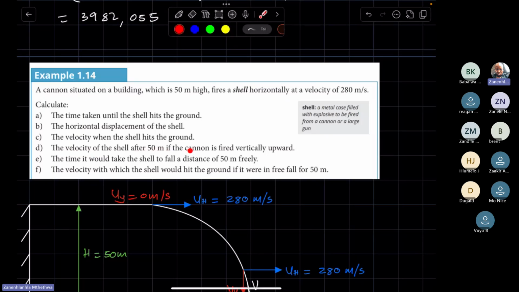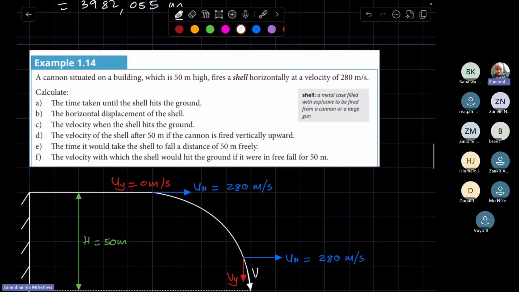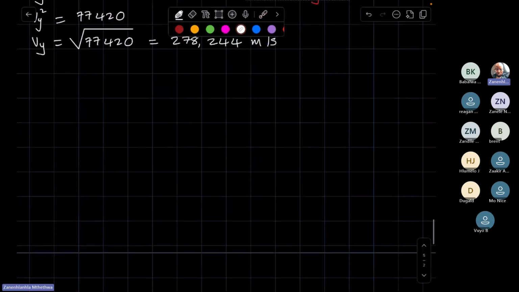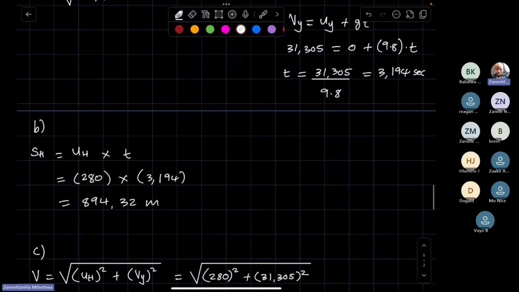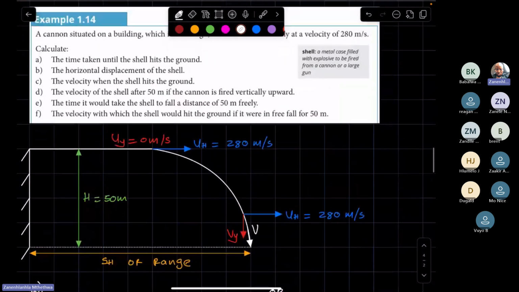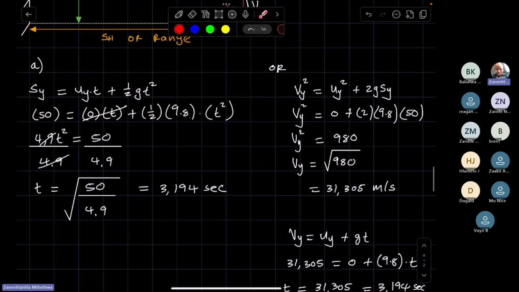E, calculate the time it would take the shell to fall a distance of 50 meters freely. Okay, this question we've already answered, if you think about it. They want us to calculate the time it would take the shell to fall a distance of 50 meters freely. So remember that scenario I asked you about? That's exactly what they want us to do here.